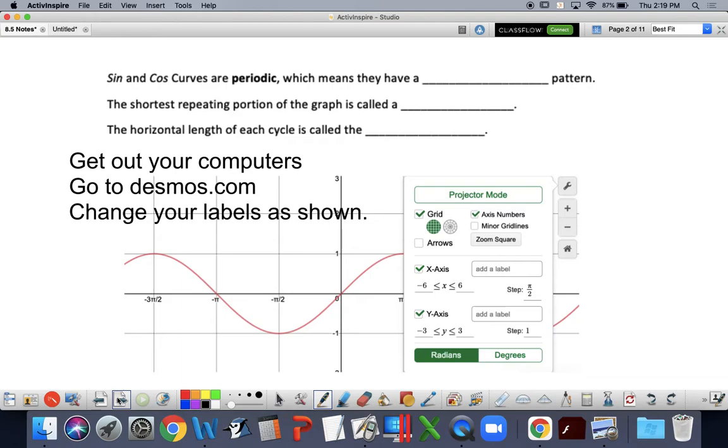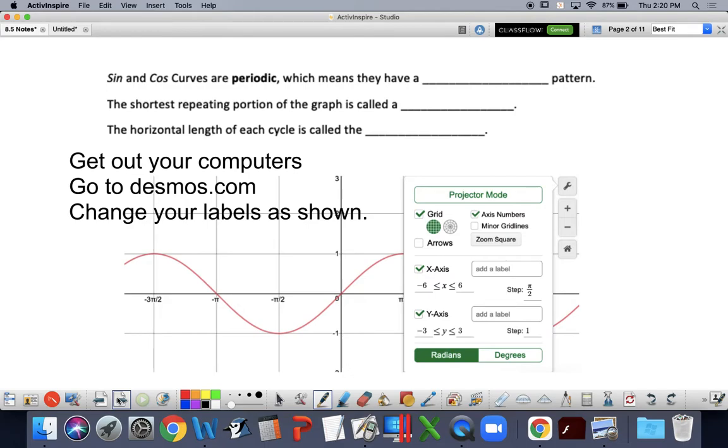Any questions on setting that up? Because that is going to be important as we use it as our reference as we go through this. All right, so now that you have it in there, go ahead and type in sine of x.